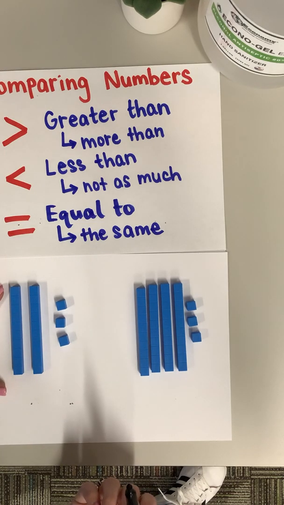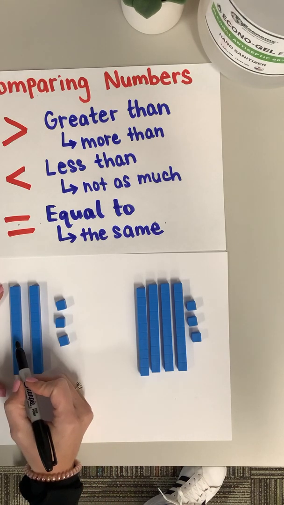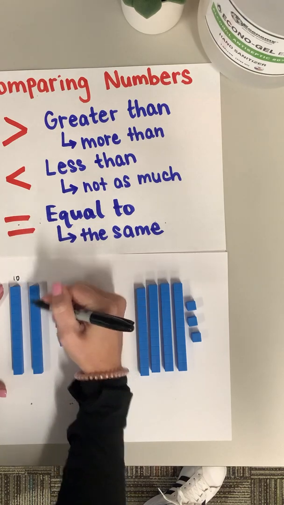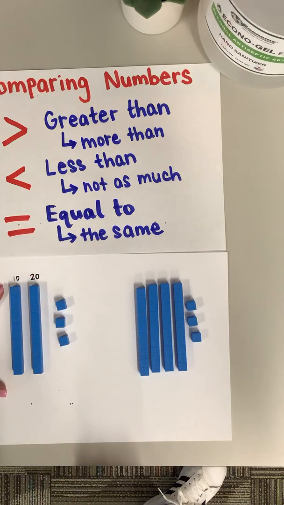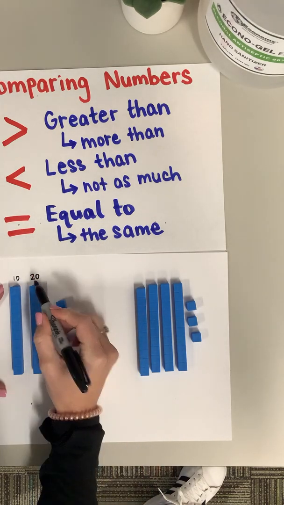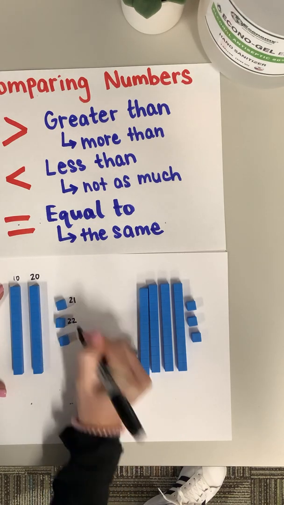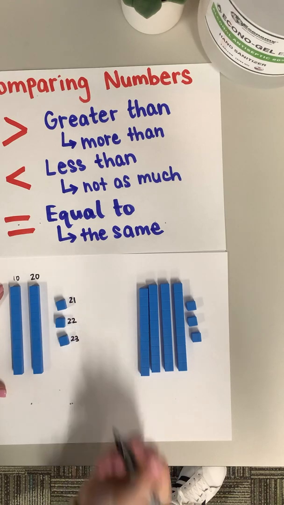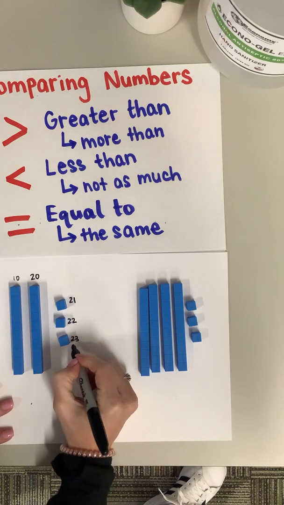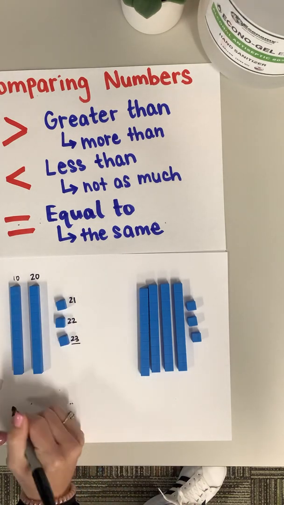It's in my tens place. So let's skip count by 10. Are you ready? 10, 20. Now I need to add on 3 from 20. 21, 22, 23. My number is 23.